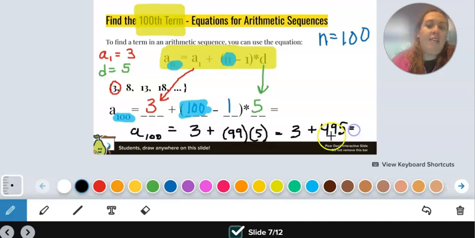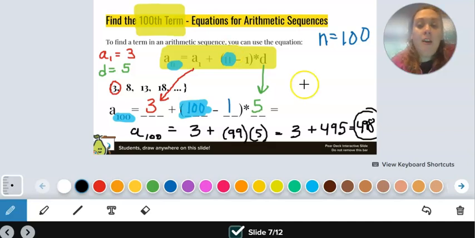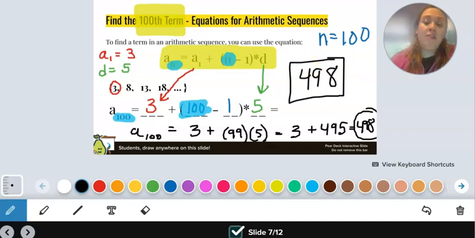And if I add 3 to that, I get 498. So if we keep going up by 5 each time, our 100th term is going to be 498. So we don't have to make out this huge list going to 100. We can use this formula to get ourselves there.